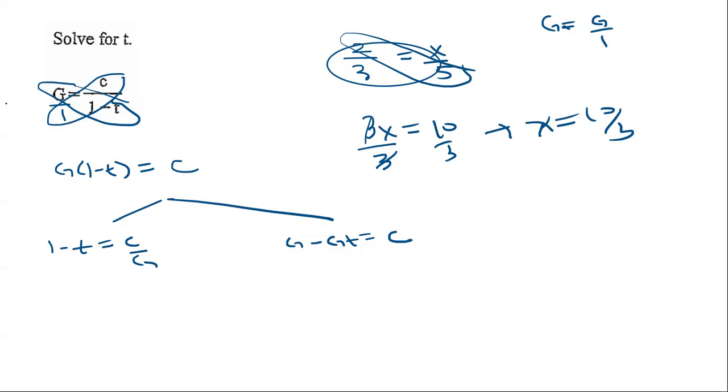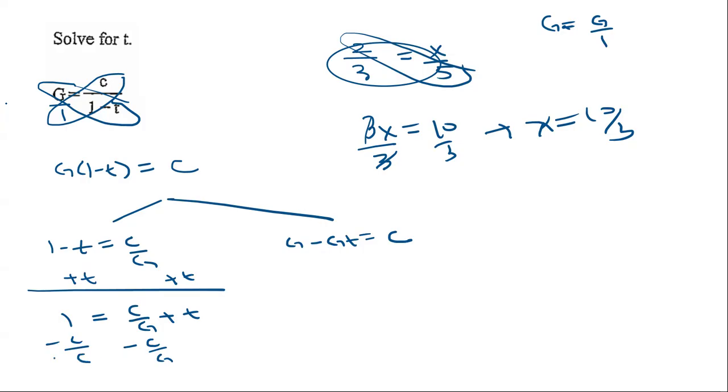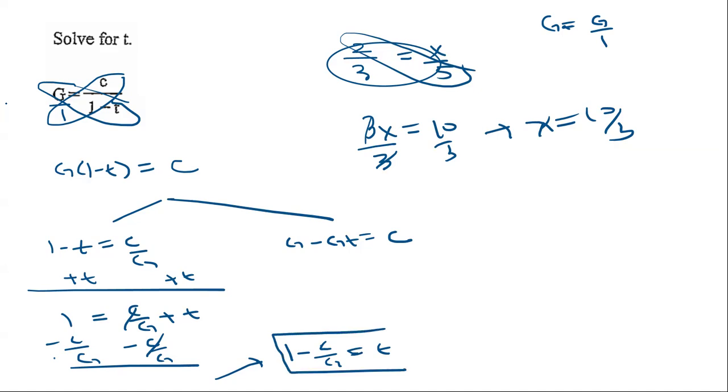So I can add a t, and that gives us 1 is equal to c over g plus t. Then I can subtract c over g, so these guys cancel. That leaves us 1 minus c over g equals t, and that will be our answer there. So that's one way.